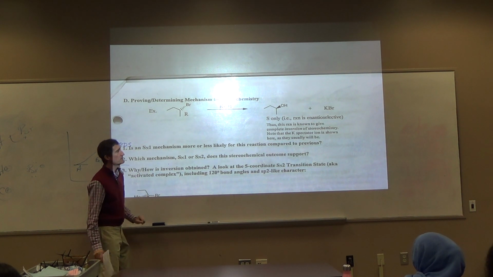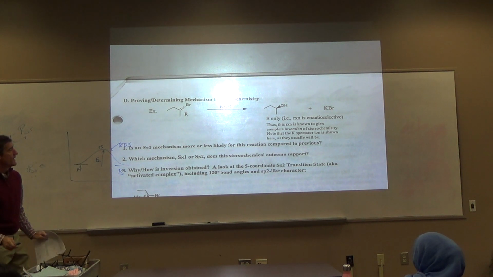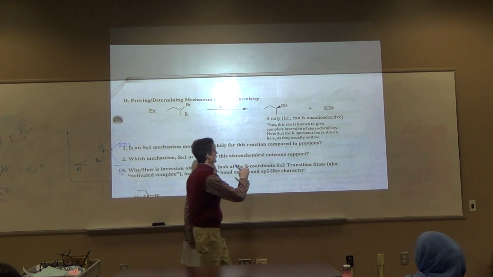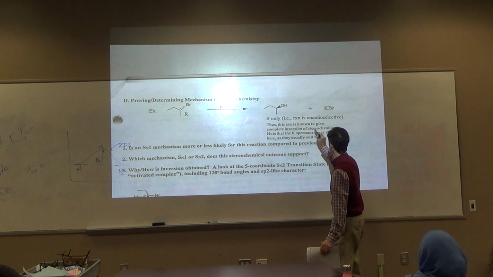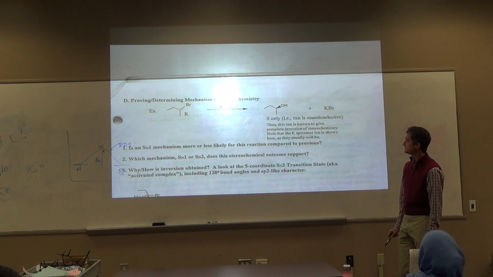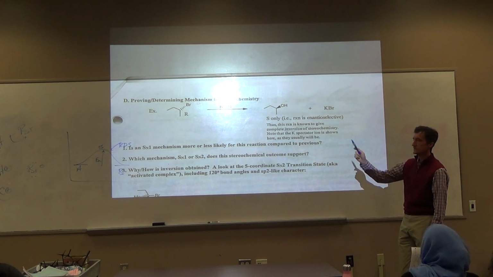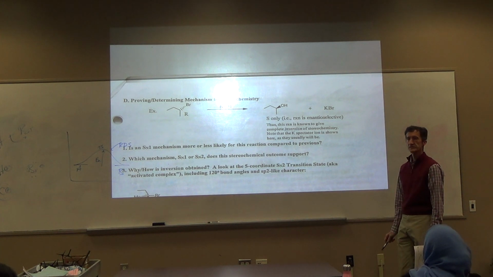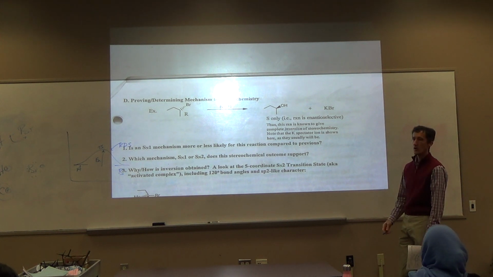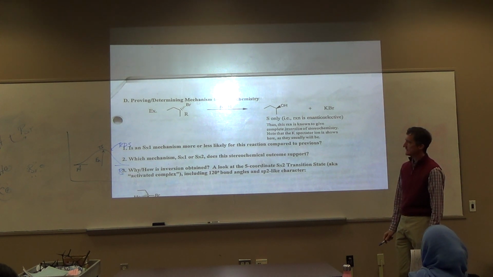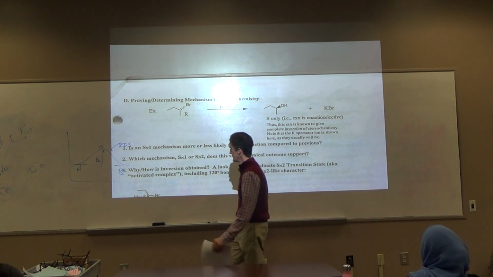But this is the first time we've ever gotten just one enantiomer. This reaction is known to give complete inversion of stereochemistry. Okay, we call this inversion. R to S, or S to R would be inversion.